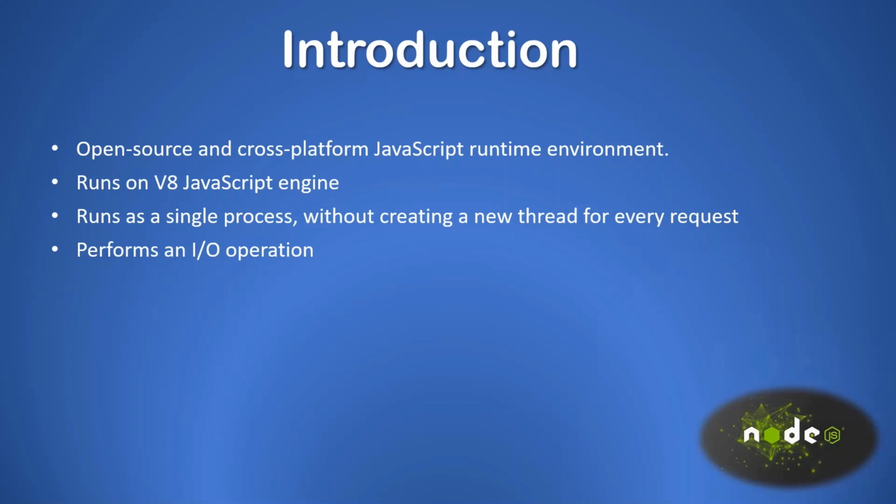It performs input-output operations like reading from the network, accessing a database or the file system. So here, instead of blocking the thread and wasting CPU cycles, Node.js will resume the operation when the response comes back.